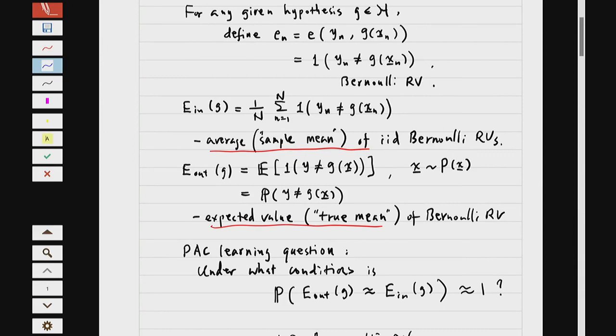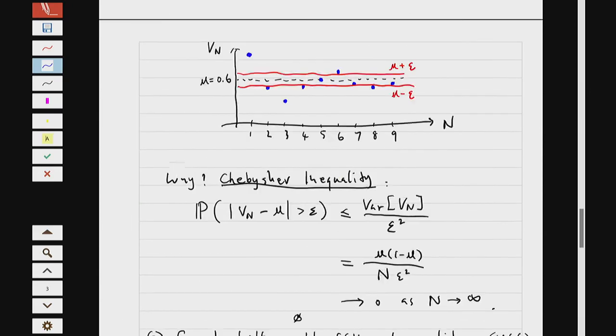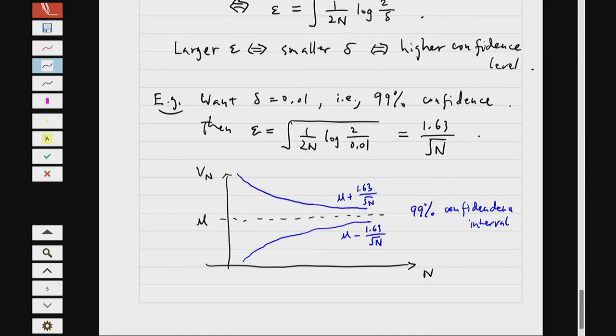So armed with this new knowledge about how well E in can approximate E out, we have to go by this type of analysis. Next time we're going to put this together and see what we can say by using this theory about the quality of learning. There's quite a twist and turn later. It is not so simple, but this will form the foundation for our analysis.